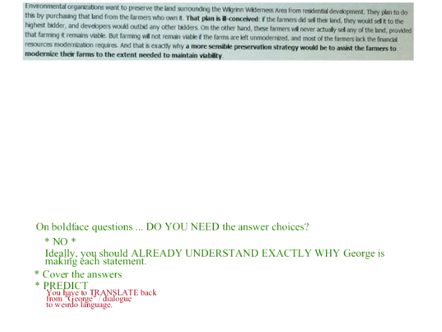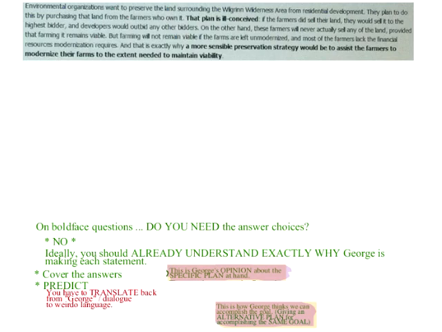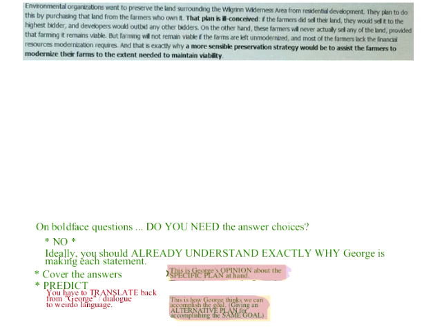So let's do that. Here's what we came up with for those two boldfaces. The first boldface is this. The second boldface is this. And one thing that is going to be very consistent here is that the argument is George.